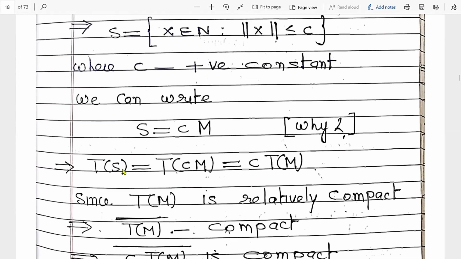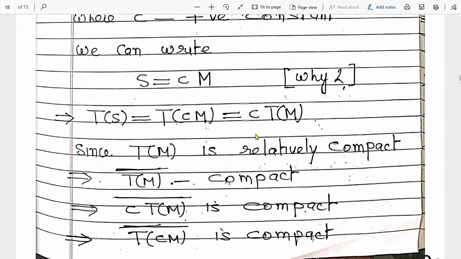Now T of S can be written as T of CM. Since T is a linear operator, C can be taken outside because it is a scalar. So this is C times T of M.